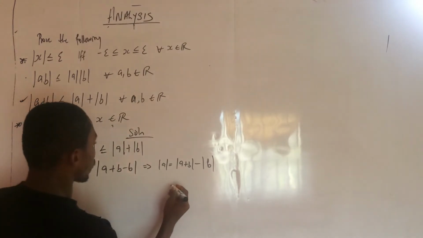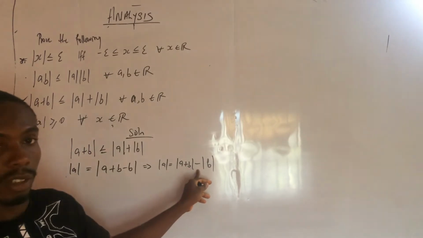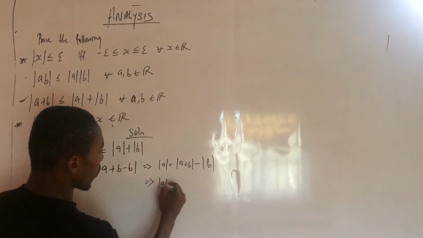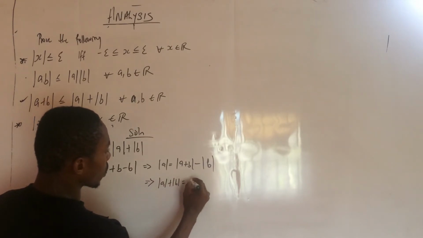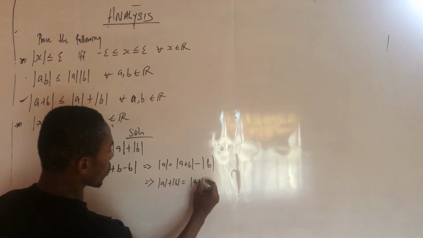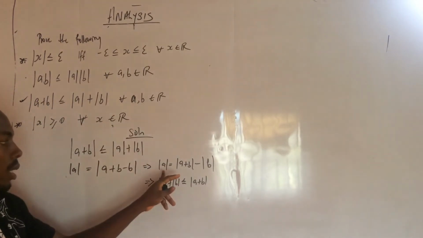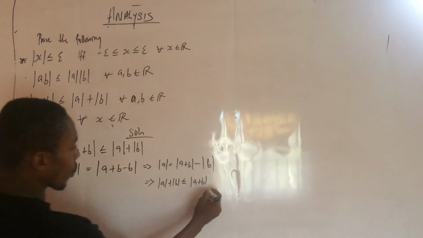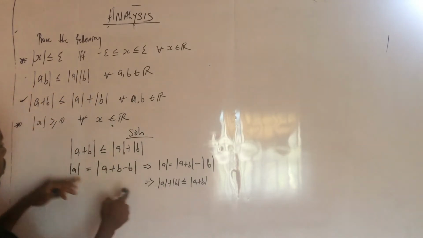And when I add the absolute value of b to both sides, I'm going to get that this implies that the absolute value of a plus the absolute value of b is equal to what? The absolute value of a plus b. Actually less than or equal to, because once we shift this one, it is either going to be less than or equal to this. So now I have shown that this is equal to this.